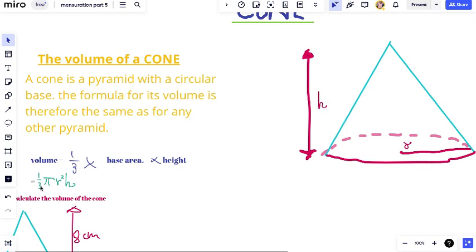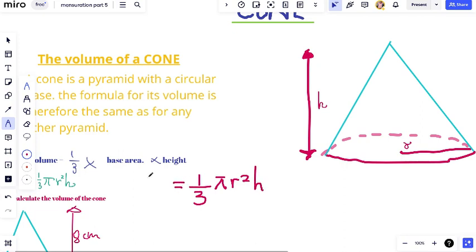So the formula for the volume of a cone is 1/3 multiplied by pi r squared multiplied by the height. Pi r squared is the area of the base, because the base is a circle, then multiplied by the height. This is the formula for calculating the volume of a cone.